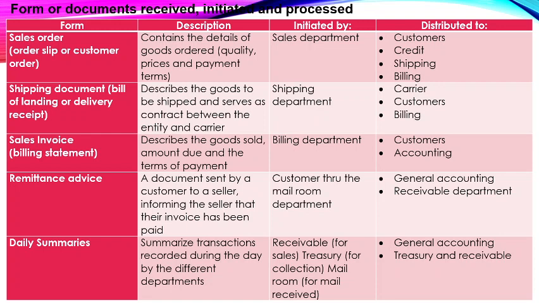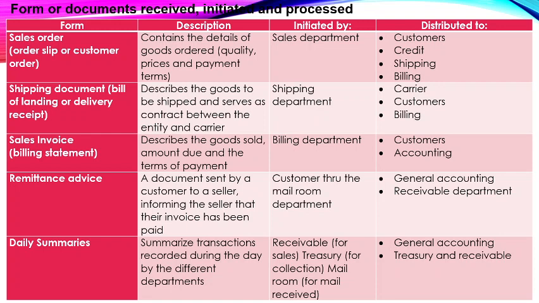It is initiated by the sales department and distributed to the customer, credit, shipping, and billing. Another is the shipping document, or bill of lading or delivery receipt. It describes the goods to be shipped and serves as a contract between the entity and the carrier. It is initiated by the shipping department and distributed to the carrier, the customers, and billing.